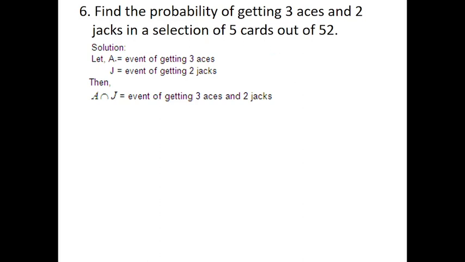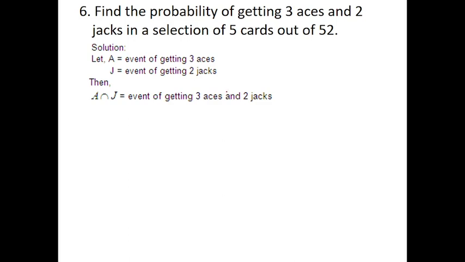So sabihin natin, event A, event of getting 3 aces. J, event of getting 2 jacks. So meron tayong A and J, that is event of getting 3 aces and 2 jacks. So ano yung event na yun?